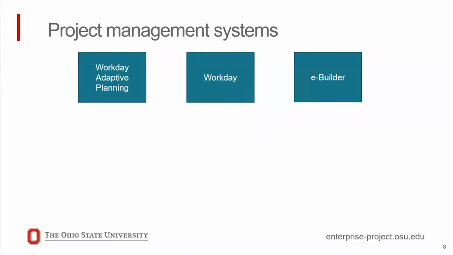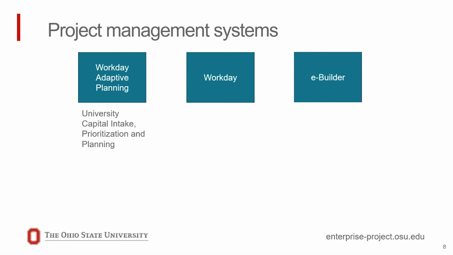The three project management systems. Workday Adaptive Planning is the new capital intake request and FDC project request intake system. This is for both capital and non-capital, FDC and non-FDC.